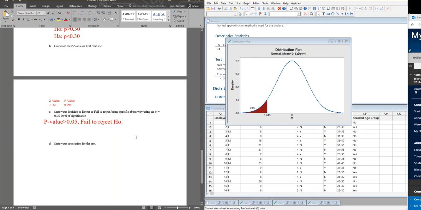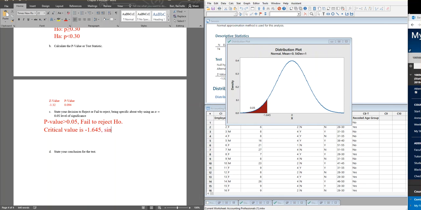So the critical value is negative 1.645. I did it again, I keep hitting 5.4 instead of 4.5. And then we see that our Z value is not less than that, so it would fall in the white area, which means we would fail to reject.